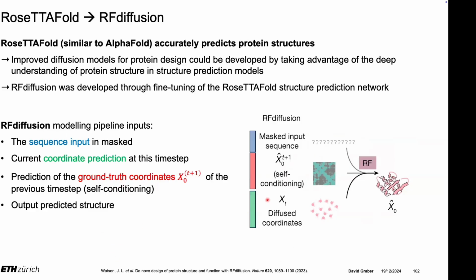And the first guess that Rosetta Fold makes on the frame-based representation of the protein backbone is replaced by the coordinate prediction of the current time step. And then the model is trained in this way to always predict the ground truth structure of the protein.